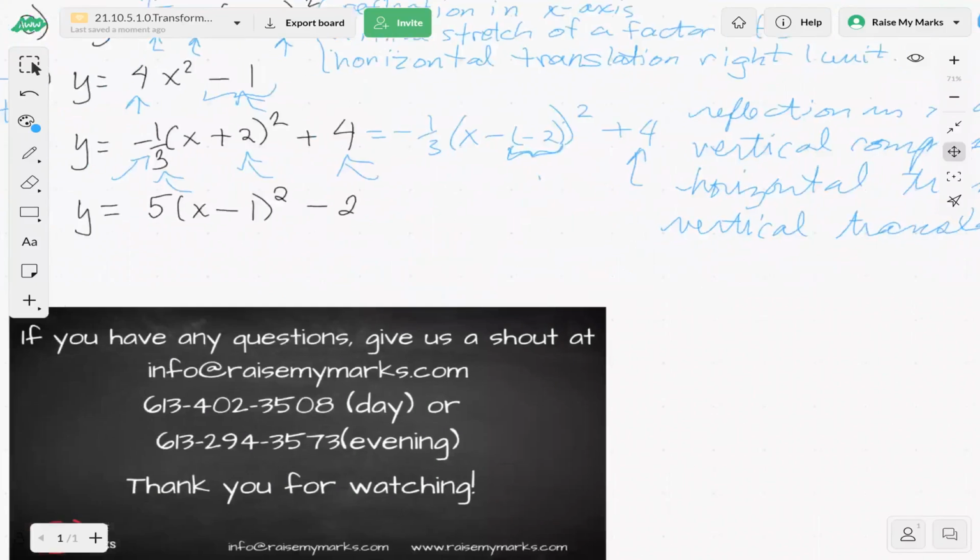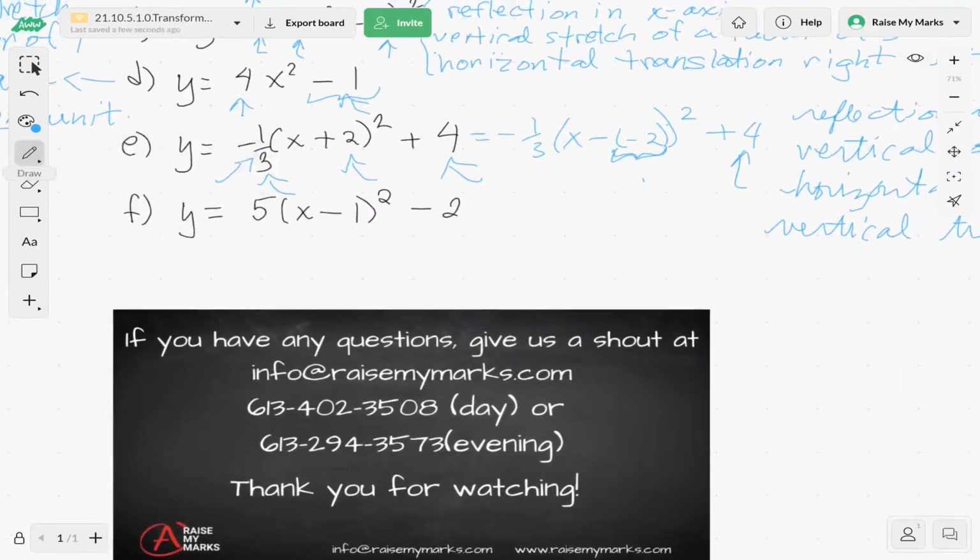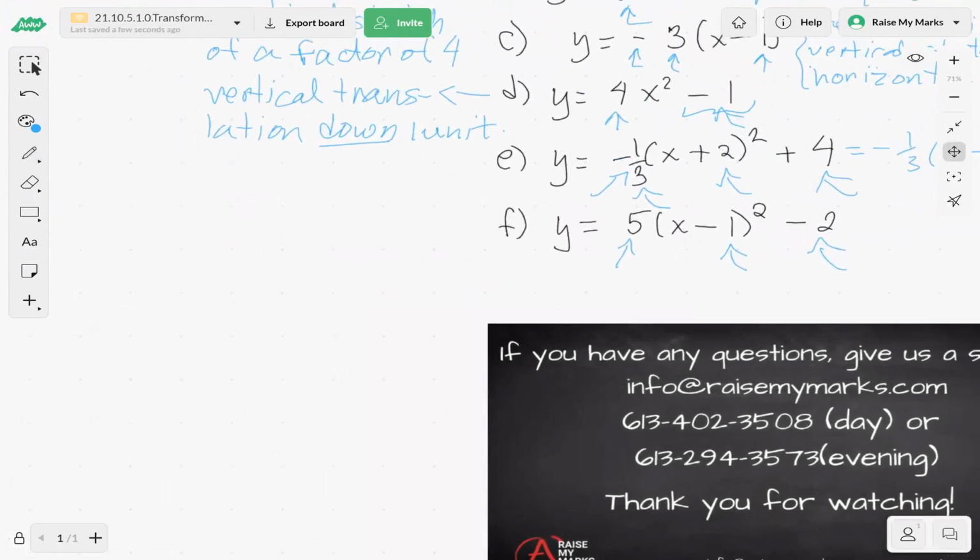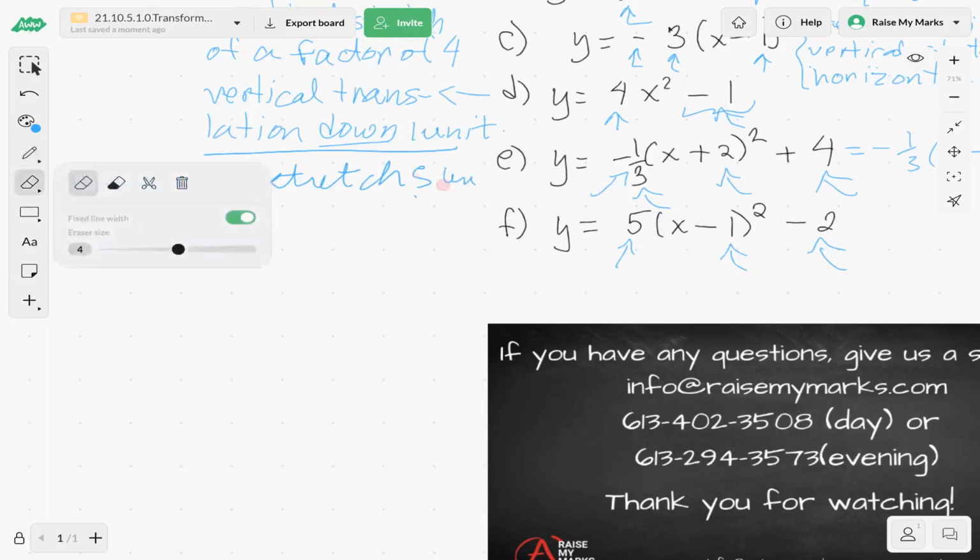Good. And one last question, F. We have a 5, a 1, and a negative 2. What are the transformations represented by those values? Let's scroll over to the left and write them out. Vertical stretch of a factor of 5.